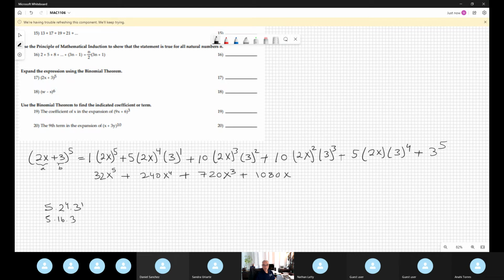X squared is the variable. Plus 5 times 2 is 10. And 10 times 81, because 3 to the 4th power is 81. Is 810. X plus 243, which is 3 to the 5th power. And this is my beautiful final answer.